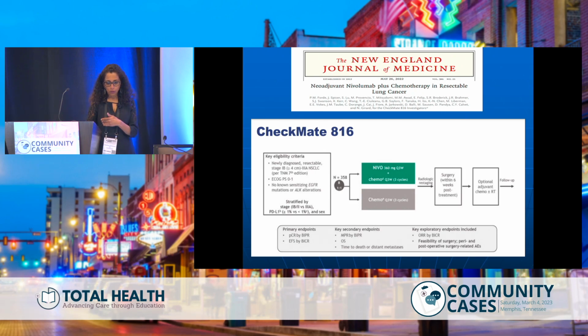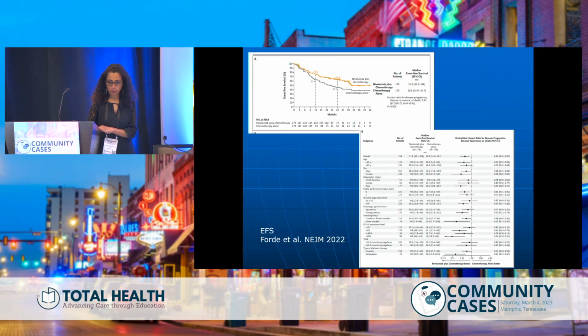They were stratified by stage and by PD-L1 status. Patients were randomized to nivolumab plus chemotherapy versus chemotherapy alone. Then they underwent radiologic restaging, surgery, and following that, patients were really just followed up. Some received adjuvant treatment, but it was not part of the study.